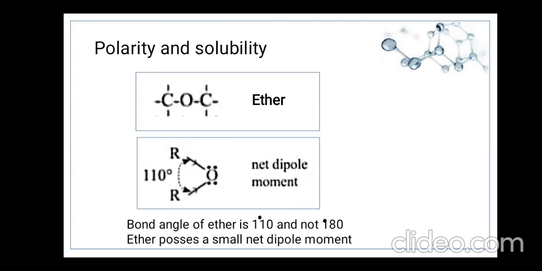So the bond angle is 110 degrees but not 180. So this is a small net dipole moment, because of the change in the angle, so it is 110 degrees. So you will find a net dipole moment is present over here. So the bond dipole moments of the two C-O bonds do not cancel each other.